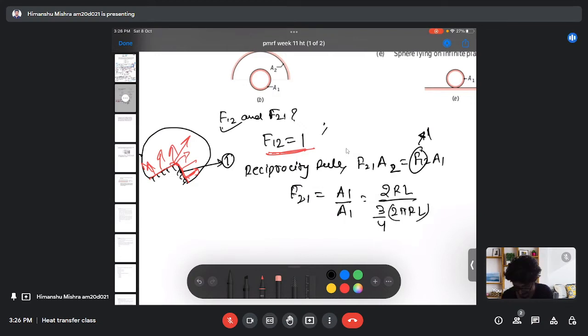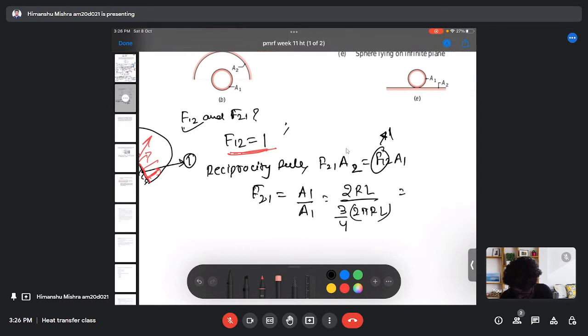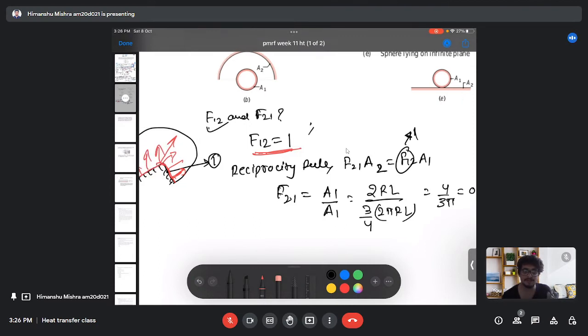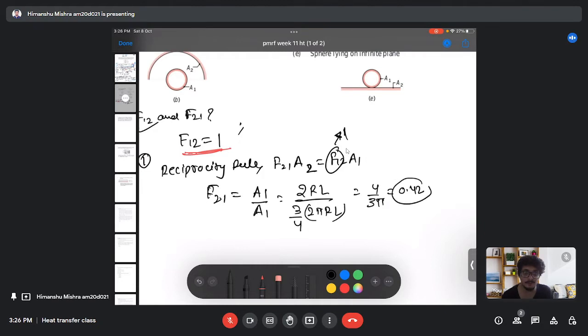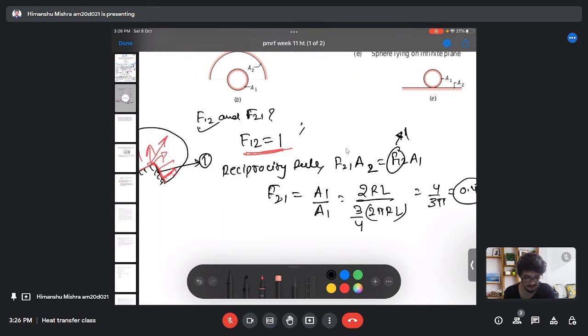These are my two different areas. So 0.42 will be my view factor F21. That means only 42% of the radiation emitted by surface 2 is reaching surface 1, whereas 100% of the radiation emitted from surface 1 reaches surface 2.